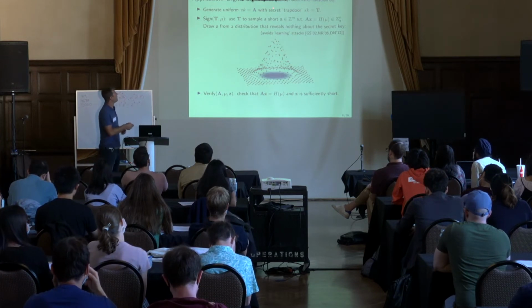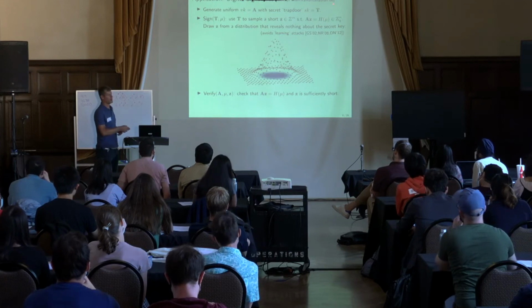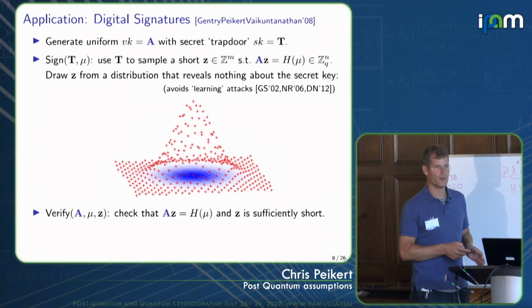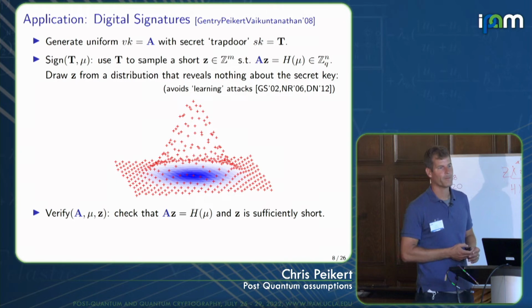Oh, yeah. How do we generate A together with this trapdoor? I didn't tell you how to do it. It's complicated. But it's not that complicated. It's moderately complicated. Yeah, we'll see that next. Yeah, so I haven't said anything about security.